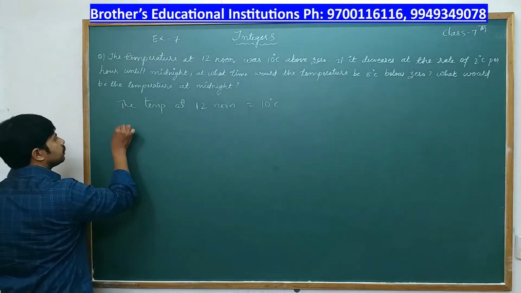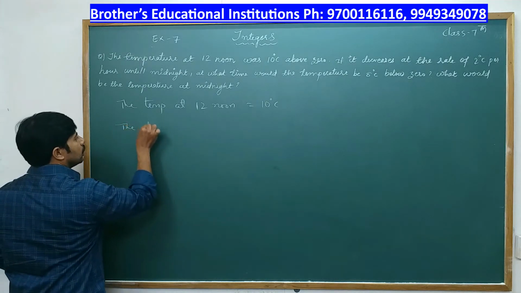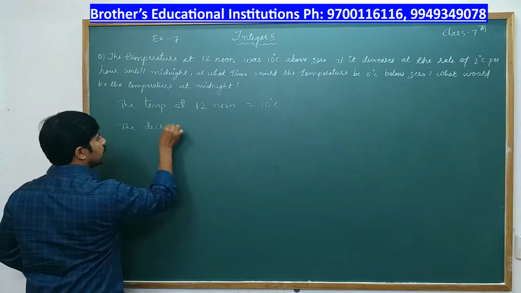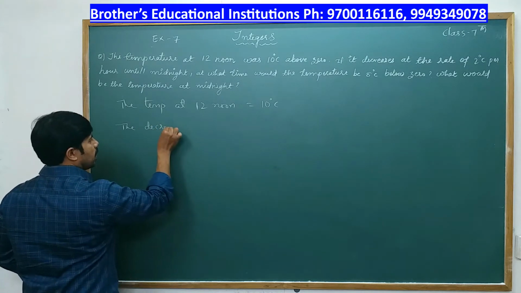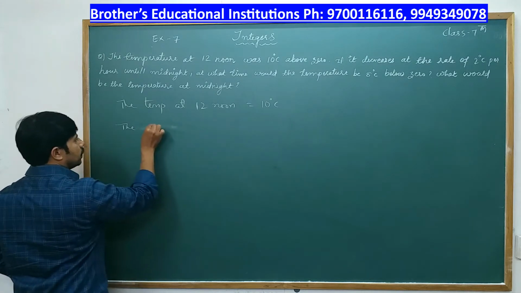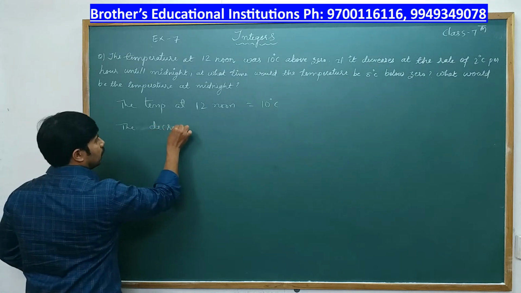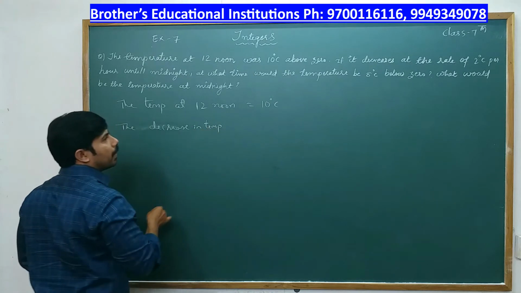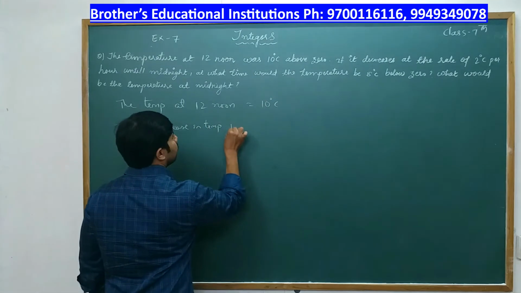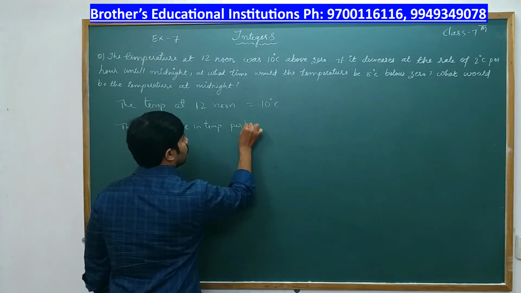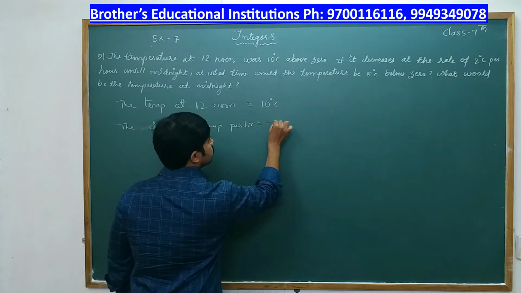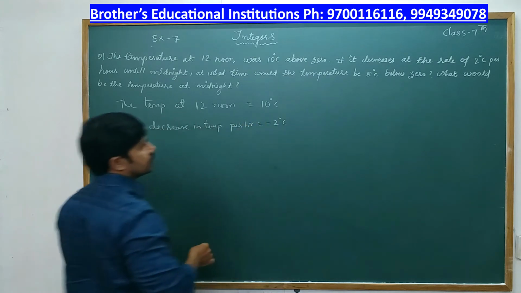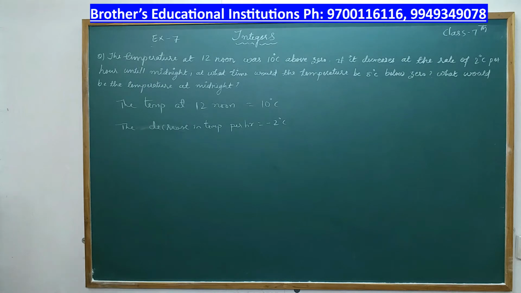So here, the decrease in temperature per hour, just write it as minus 2 degrees Celsius. Until midnight it decreases minus 2 degrees Celsius.